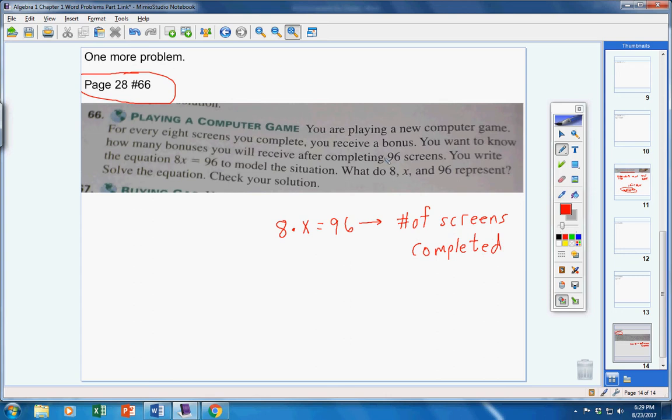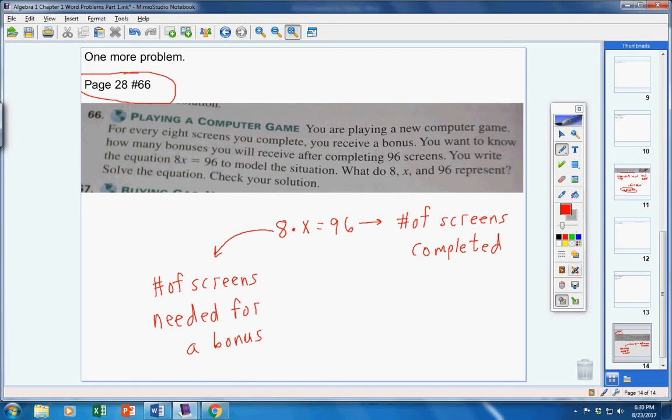Also, 8 should be pretty simple too. For every 8 screens you complete, you receive a bonus. So this is the number of screens needed for a bonus.